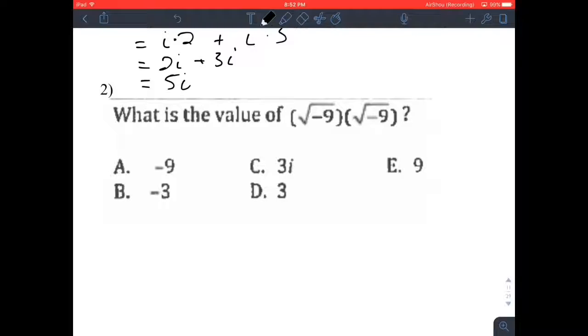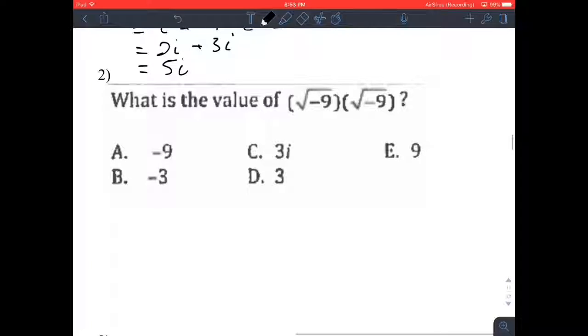Next one, what is equivalent? We've got the square root of -9 times the square root of -9. So let's see what we can do with this.